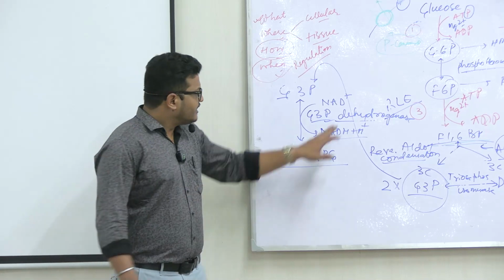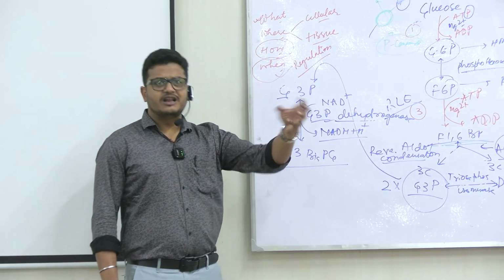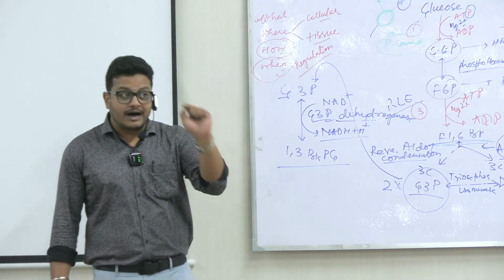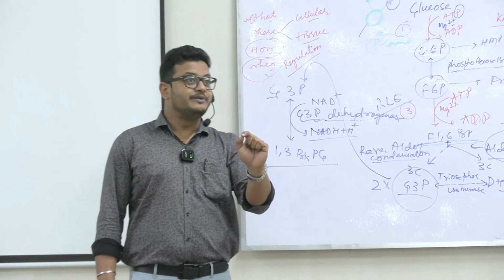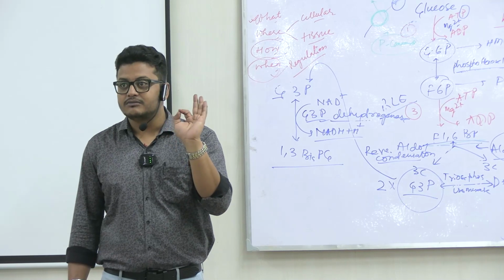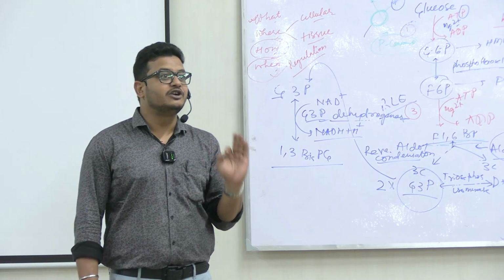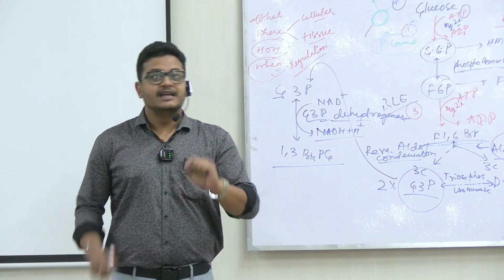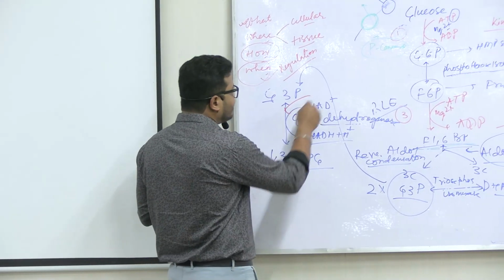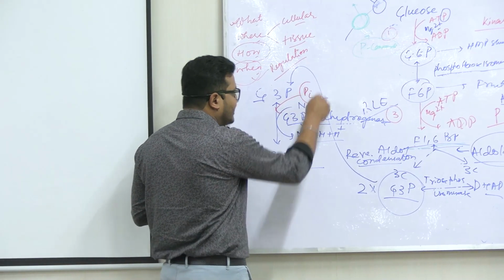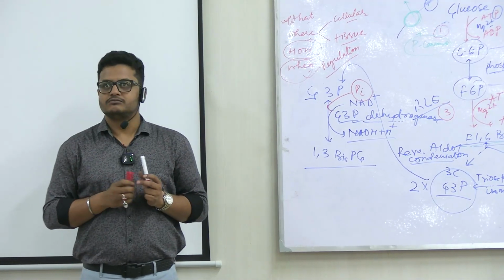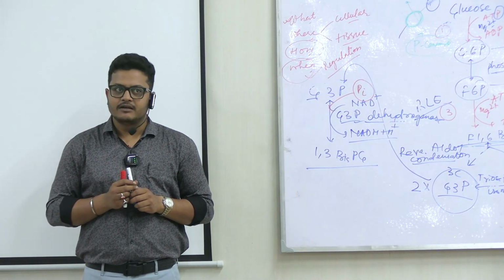That means some functional part of this enzyme is responsible for adding the phosphate group, but the phosphate group is not coming from a donor like ATP. Then who can donate phosphate? It can be an inorganic phosphate, which we call Pi. Yes or no?